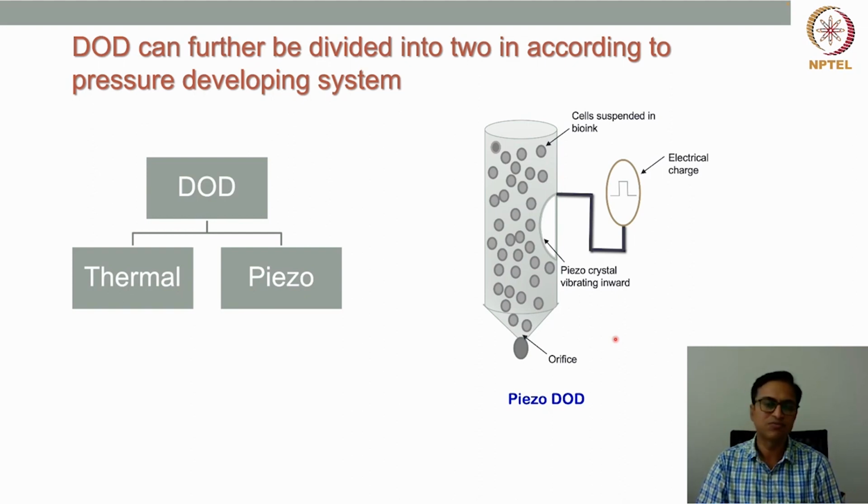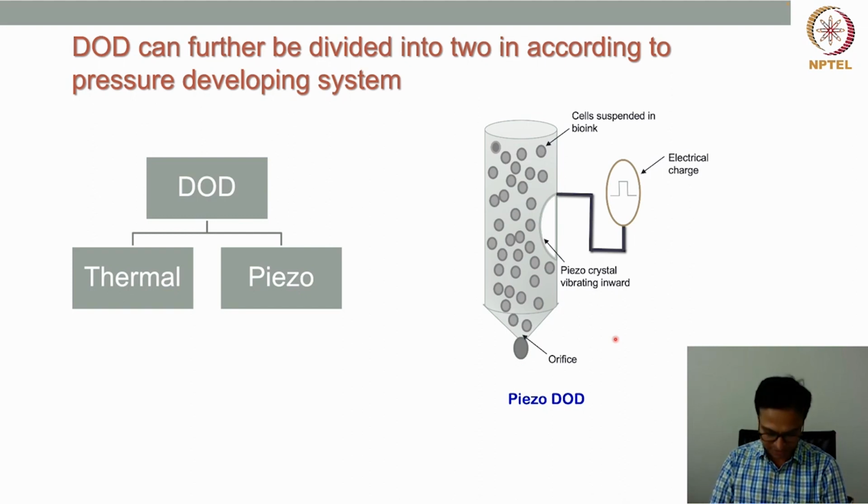So this technology is also very popular for printing cells. Now, printing different biomolecules: both thermal and piezoelectric 3D printing technologies are used for printing biomaterials, biomolecules, cells, either for patterning or for creating 3D structures or for different other applications. We'll see some of the applications in the later slides.